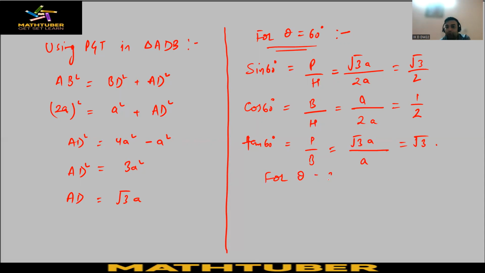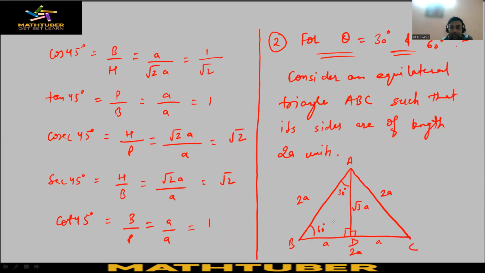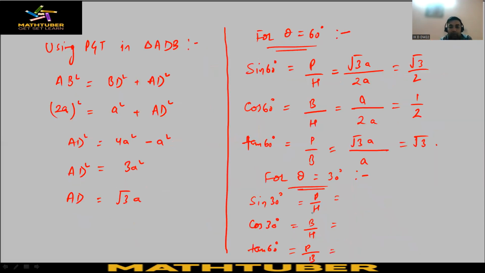Now for theta equal to 30 degree, we have to find out the values of sine 30 degree, cos 30 degree and tan 30 degree. And for that we need perpendicular upon hypotenuse, base upon hypotenuse and perpendicular upon base. So according to the angle 30 degree here, as you can see, perpendicular will be BD, AD will be the base and AB will become the hypotenuse.